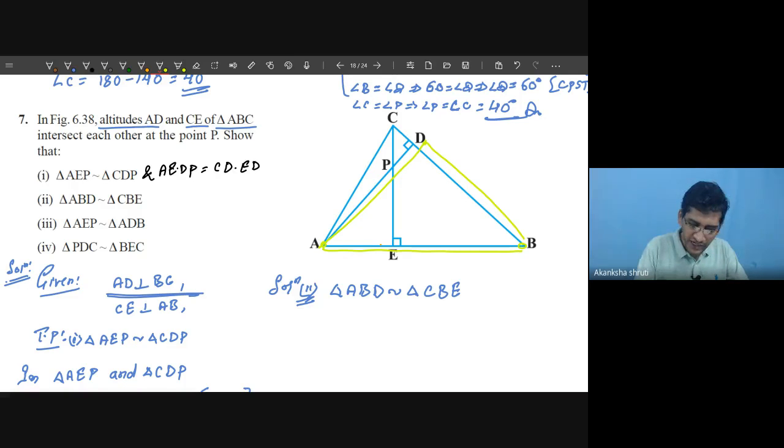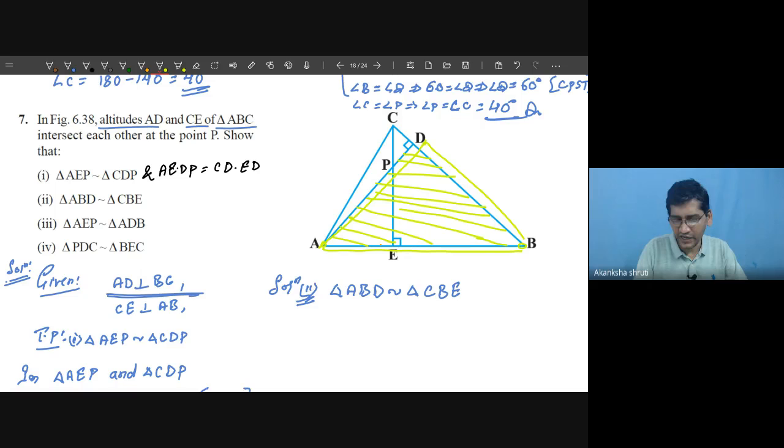So this triangle we have to understand or take care of. Whatever the other lines in between, for a moment you just need to forget those things. You have to just focus on whatever triangle is asked in the question. Okay, student. So this is one part.